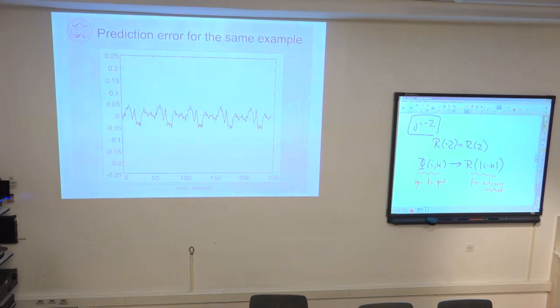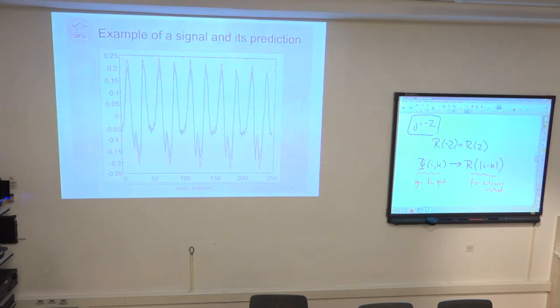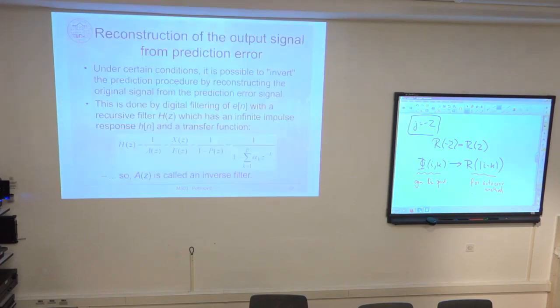And obviously, I should be able to quantize this small variance signal much more efficiently than by quantizing the original signal at the input, this green one. So the basic idea is that the predictor simply reduces the variance of the signal by applying prediction.